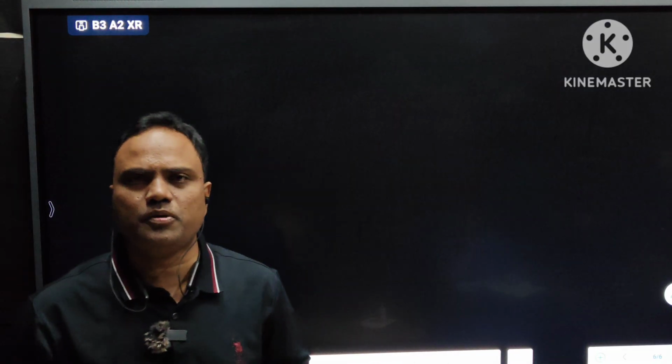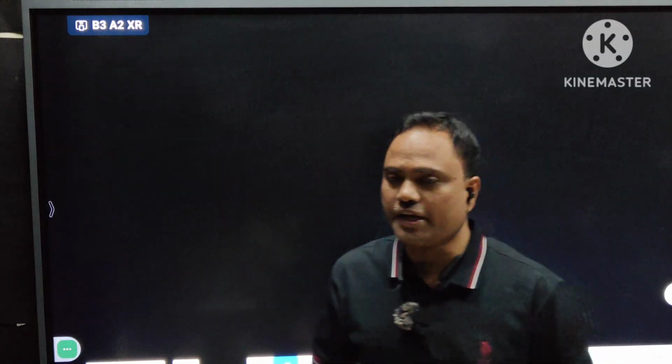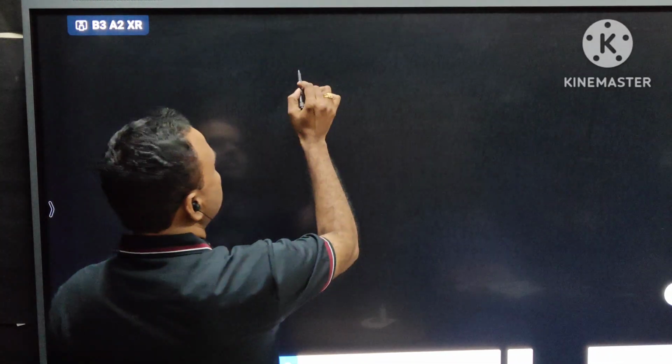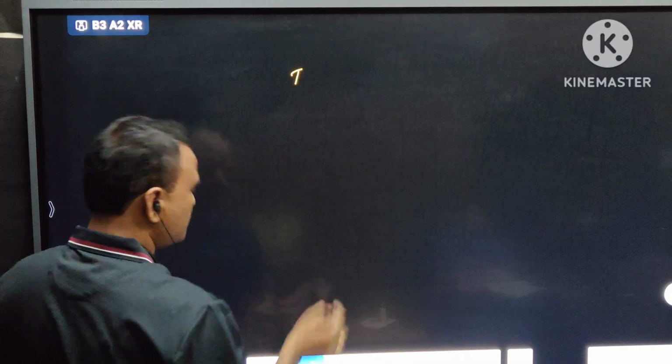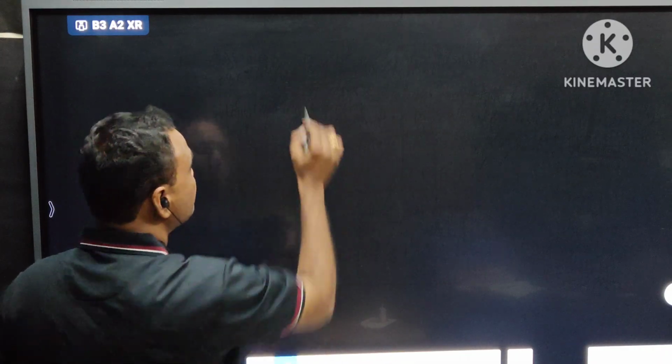Next, I'll explain about electronic configuration before going to discuss the ionization energy related to size, left to right. First of all, let us complete electronic configurations and ionization energies. Next factor, electronic configuration.